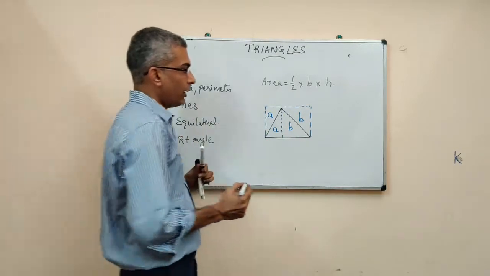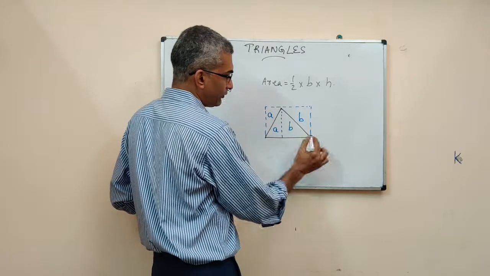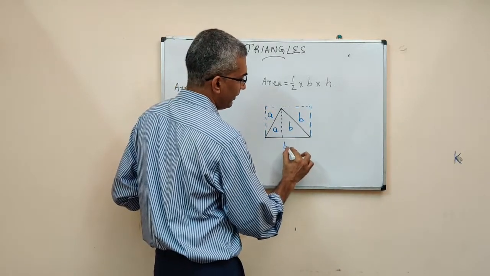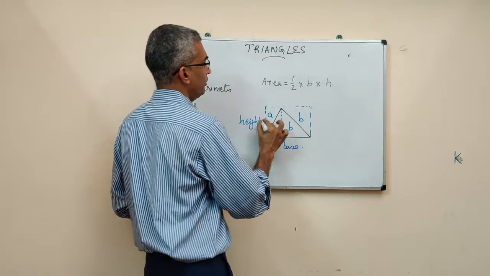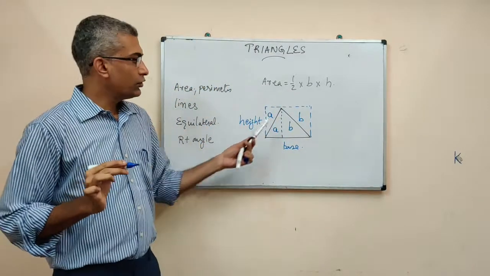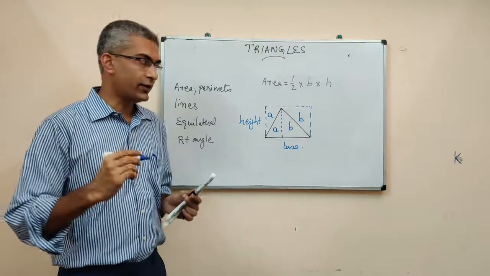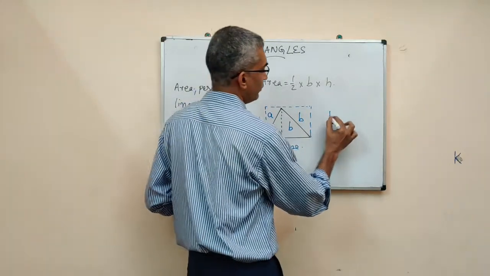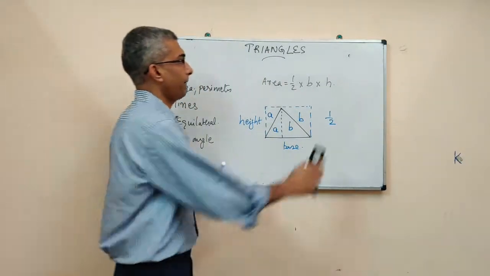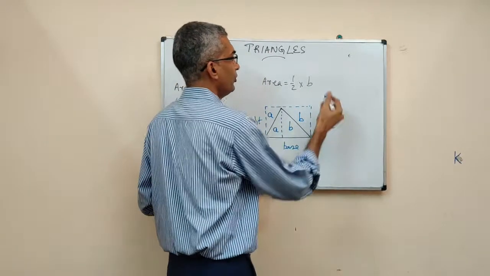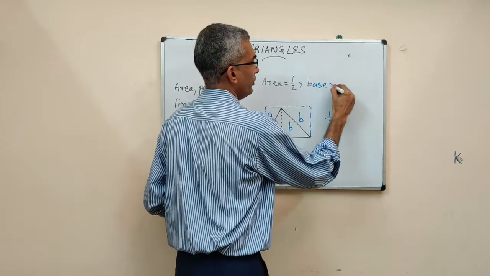Okay? And the area of this rectangle will be the base into height. So the area of the triangle will be half of that, which is half into base into height.